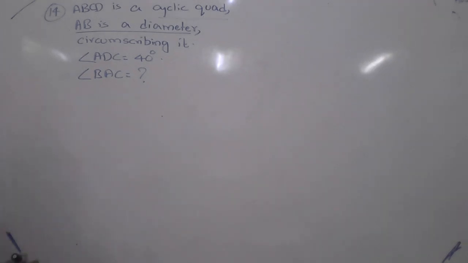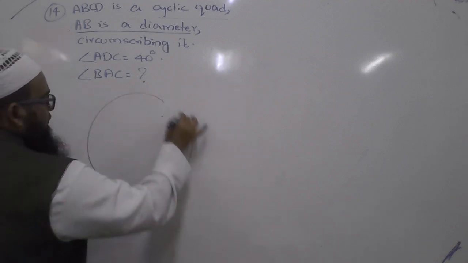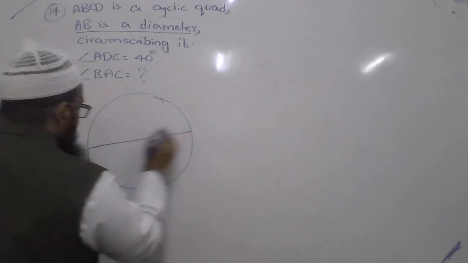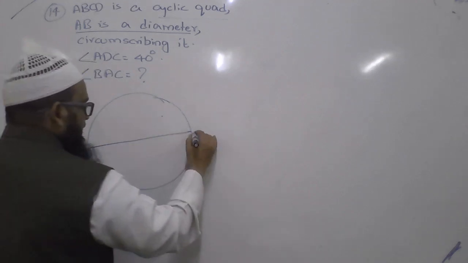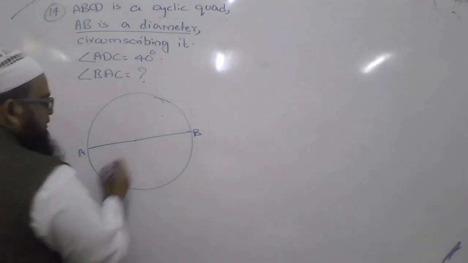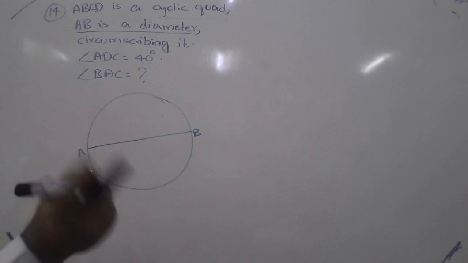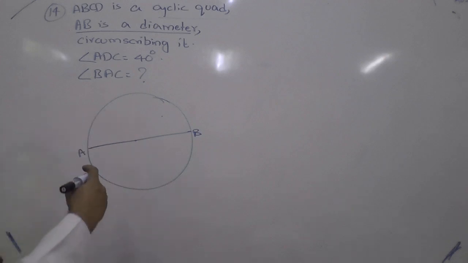ABCD is a cyclic quadrilateral such that AB is a diameter. So let us draw a circle first, and let us say this is the diameter, with the center somewhere here. Now what he is telling is that ABCD is a cyclic quadrilateral, so the four vertices of the quadrilateral lie on the circle.